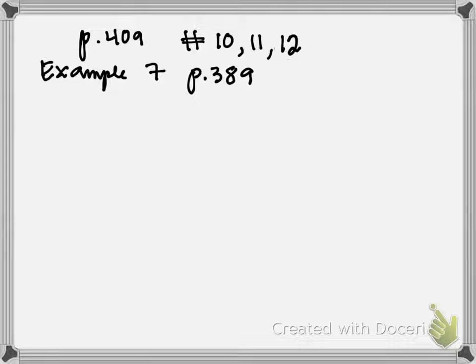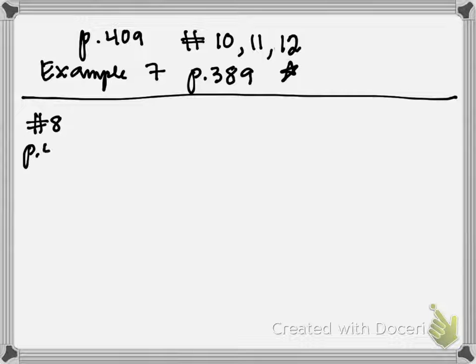So 12 is a little challenging, but you can always try it, and we'll give you credit for it. Okay, so I'll start with problem number 8 on page 409.